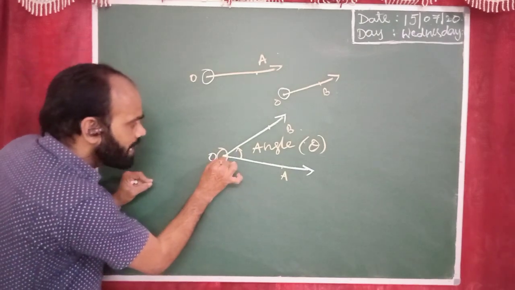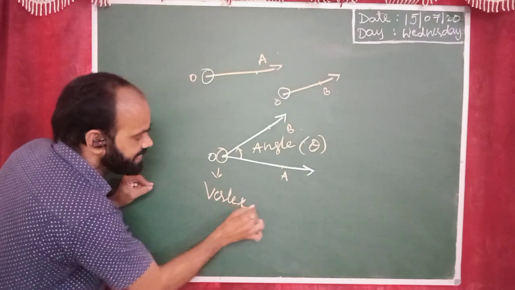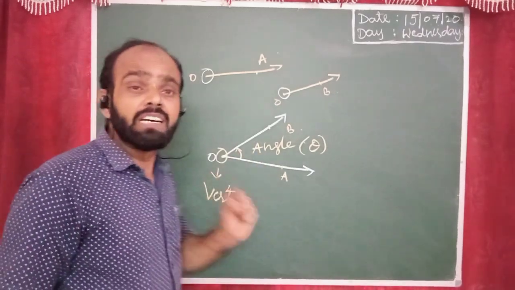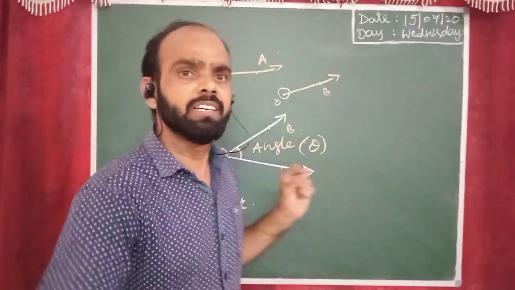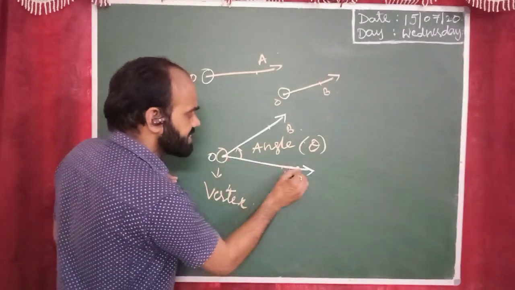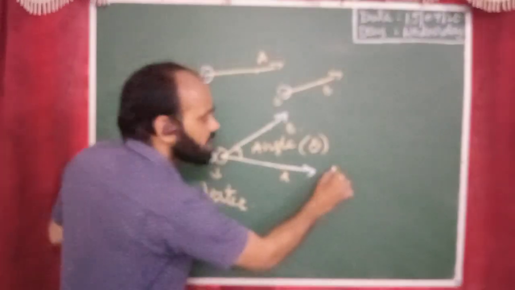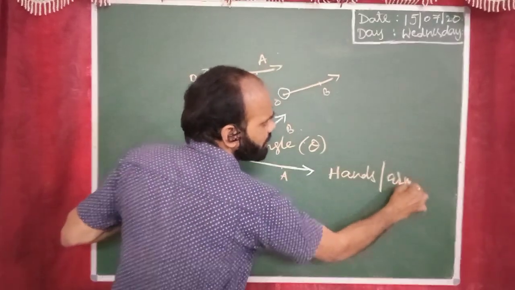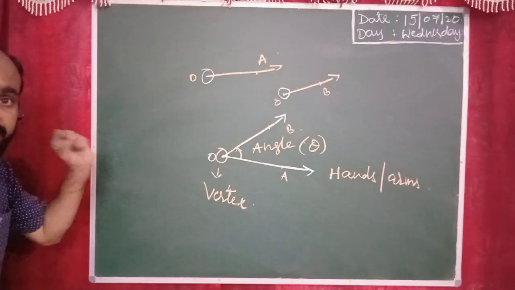This is a Greek alphabet. And this common point we call the vertex. Vertex is singular, vertices is plural. Now, the rays which are responsible for the formation of the angle are called the hands or arms of the angle.